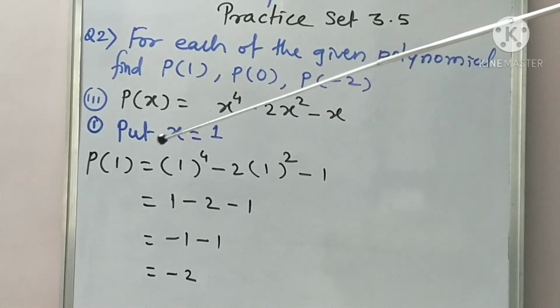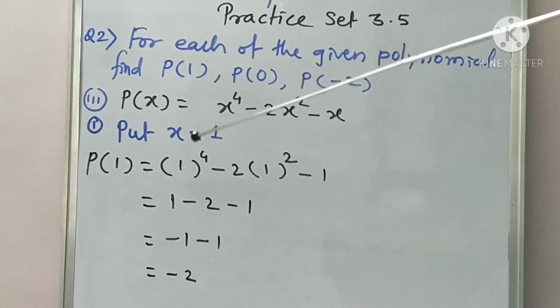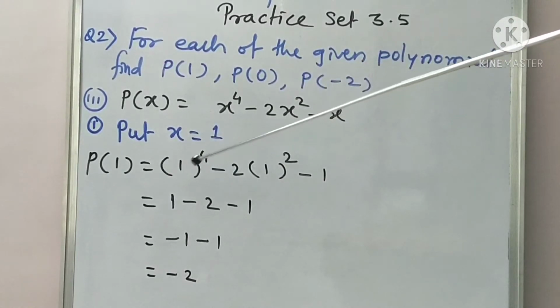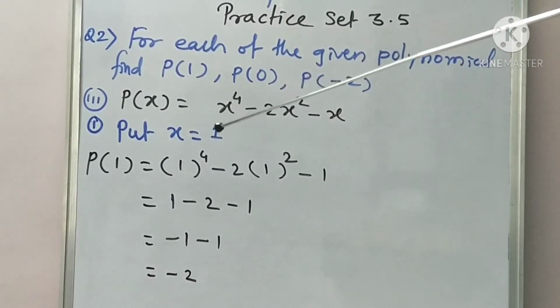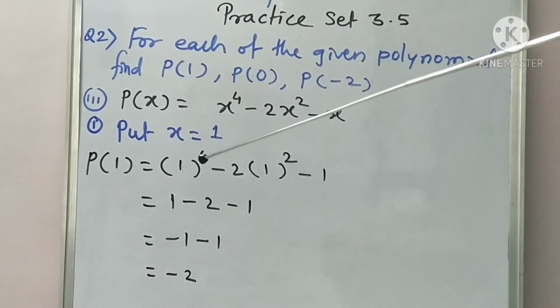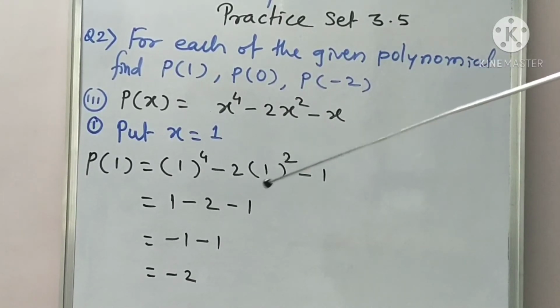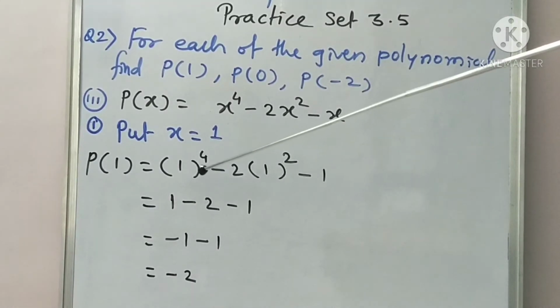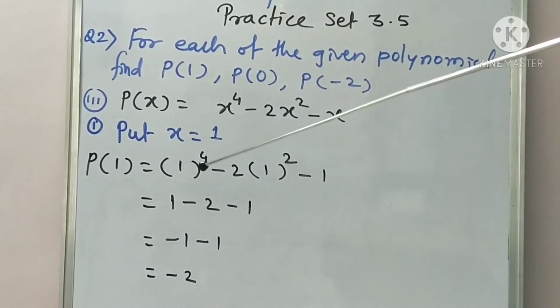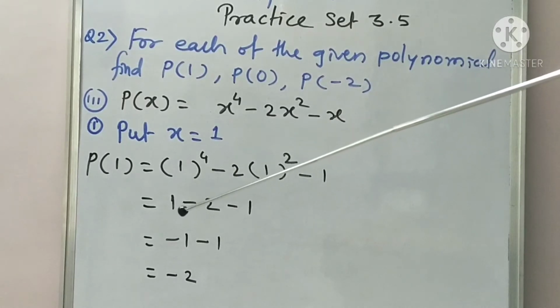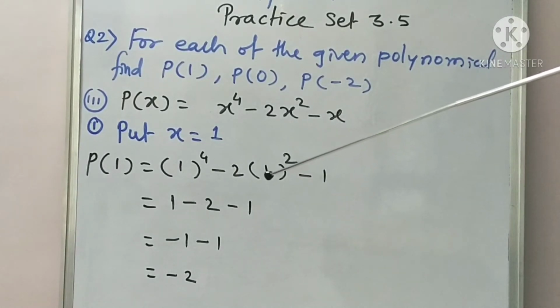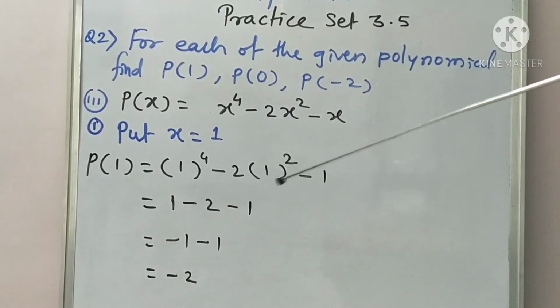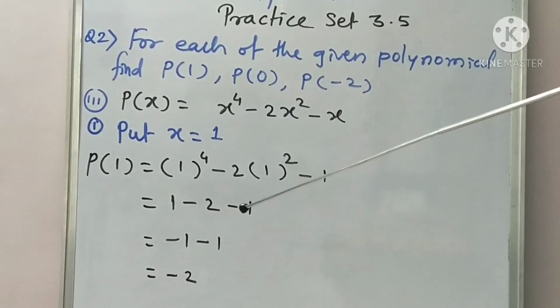Understood? As we put x equal to 1, then p of 1 equals 1 raised to 4, minus 2 into x square, meaning square of 1, minus 1. The fourth power of 1 is 1. The square of 1 is also 1, but here outside is 2, so 2 ones are 2 with minus sign, and the last term is minus 1.